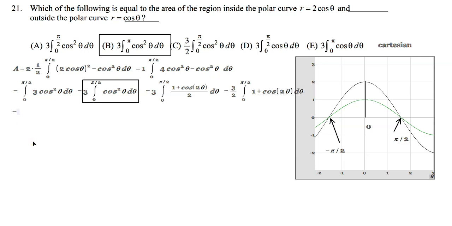Continue down below. This is going to give us 3/2 and then you can anti-differentiate. So the antiderivative of 1 is just theta in this context. Now, I'm not going to go through the process of doing u-substitution on anti-differentiating cosine of 2 theta. Hopefully you know how to do that, but I'll just write the final answer down. The antiderivative answers this basic question: what is the function whose derivative is cosine of 2 theta?